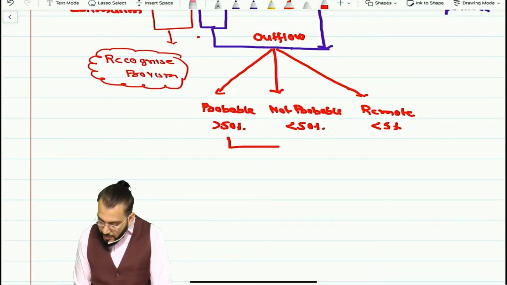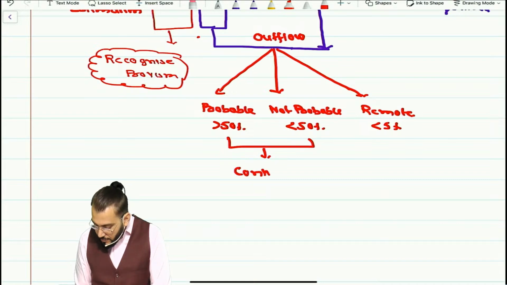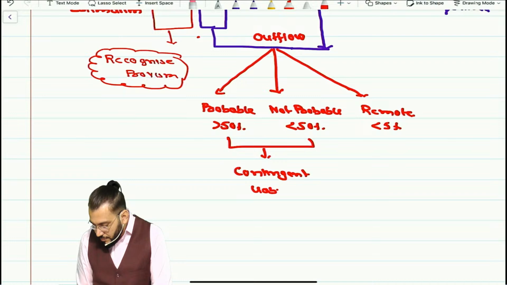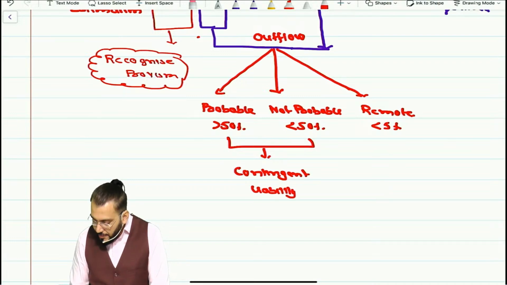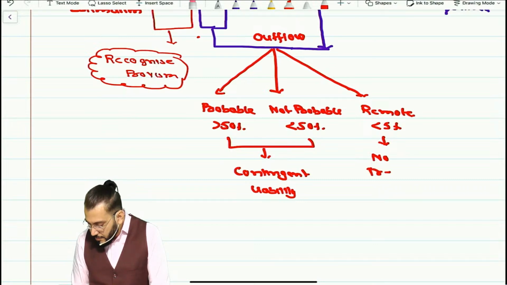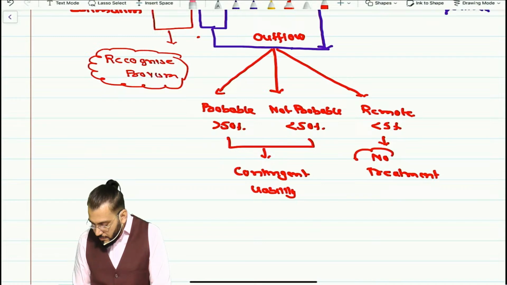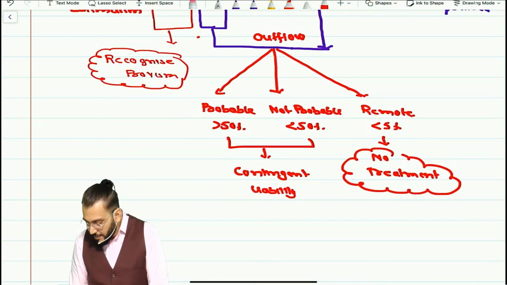Then for these two we'll disclose what? Contingent liability. For remote, no treatment required.